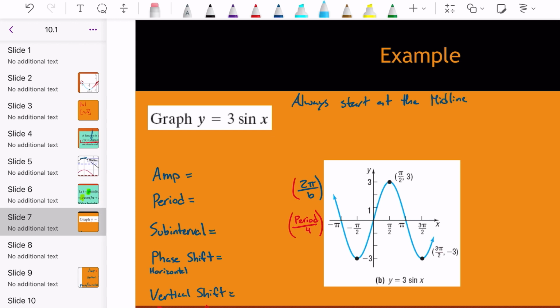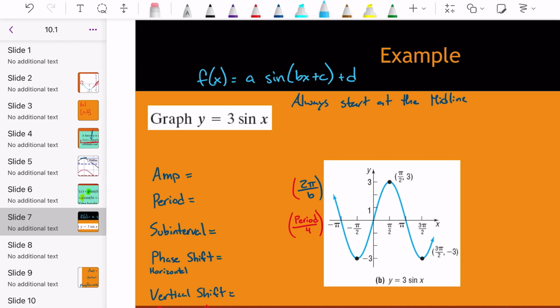Now, as we work this problem, I will generally suggest go ahead and write your function out as far as your sinusoid function. So we have f of x is equal to a sine of bx plus c plus d.